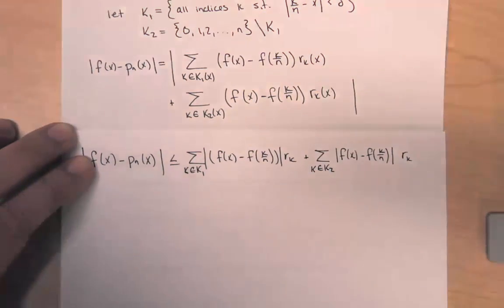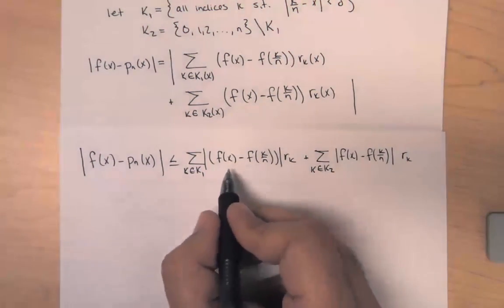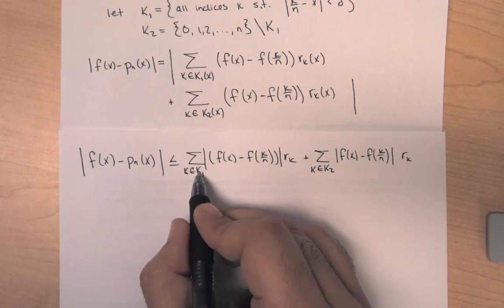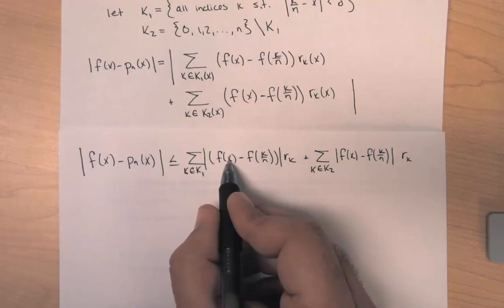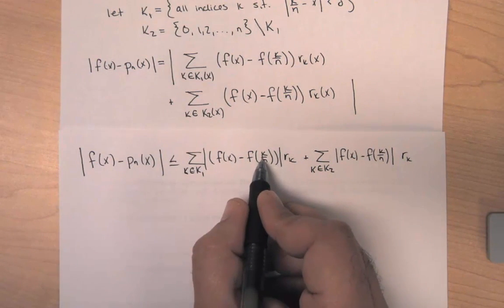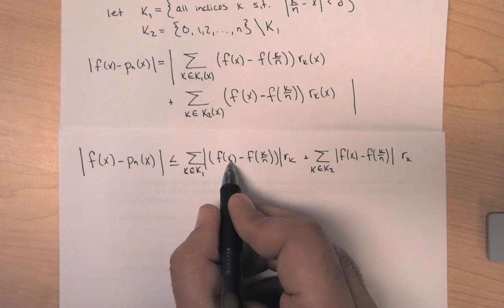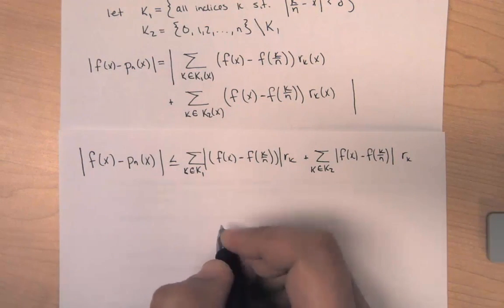Now remember, these indices guarantee that the partition point is within delta of x. And so long as this argument is within delta of x, this difference is less than epsilon.